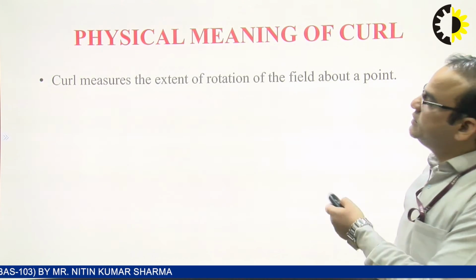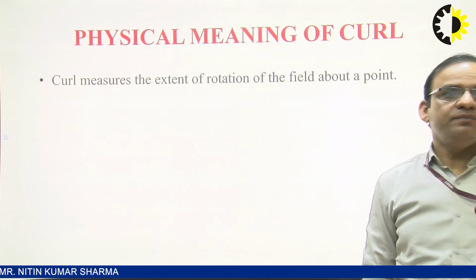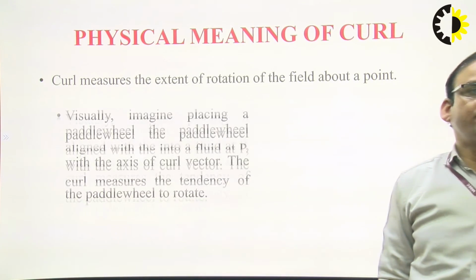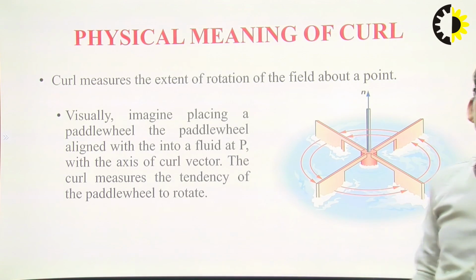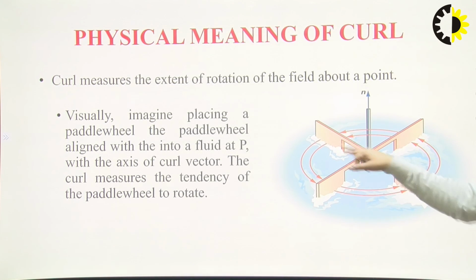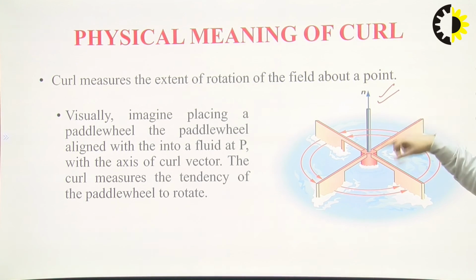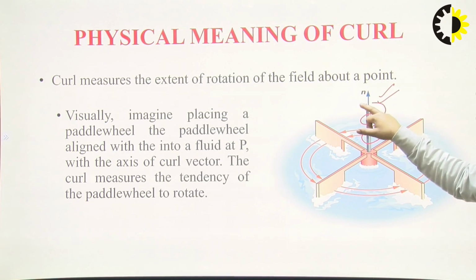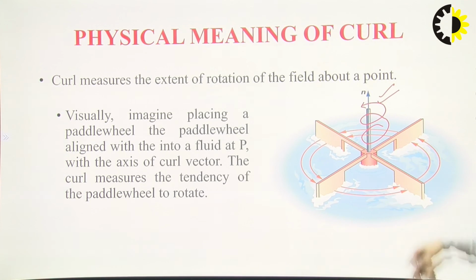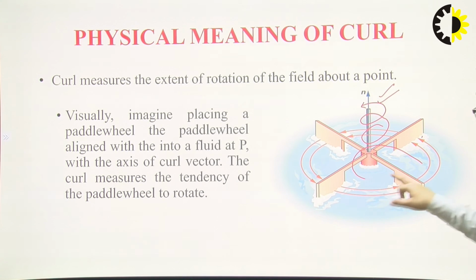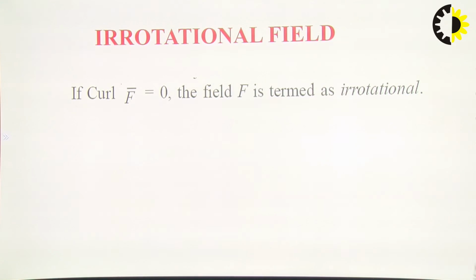These are the physical meanings of curl. The curl measures the extent of the rotation of the field about a point. Visually you can see these are the paddles in a fluid, and the rotating vector is the normal vector. So this shows the curl of this vector field, which is normal to it.